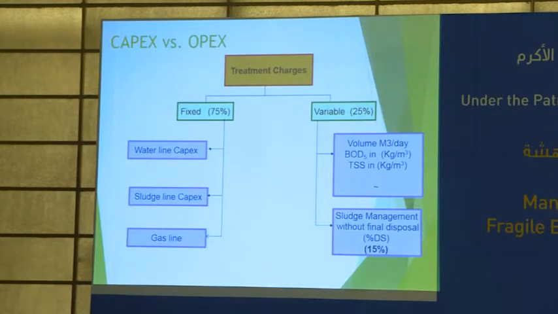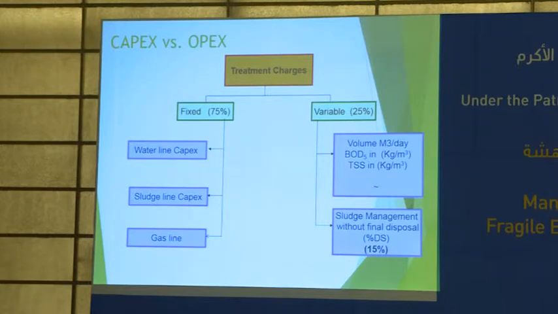The variable charge is a function of the volume and the concentration of solids, mainly BOD and TSS. We have an equation to calculate that. We insert the concentration of the inlet flow in this equation to get the monthly treatment charge. The major issue today is the sludge management.